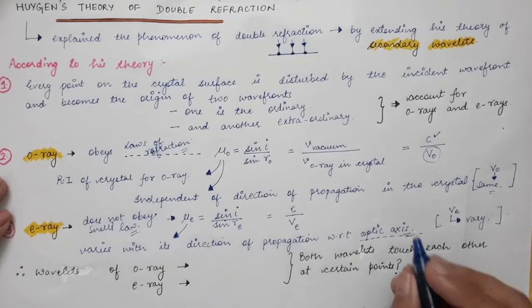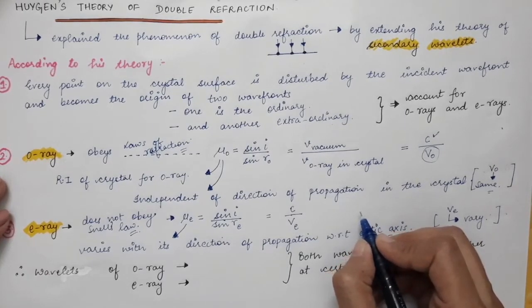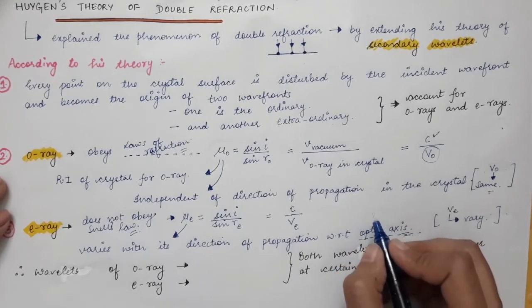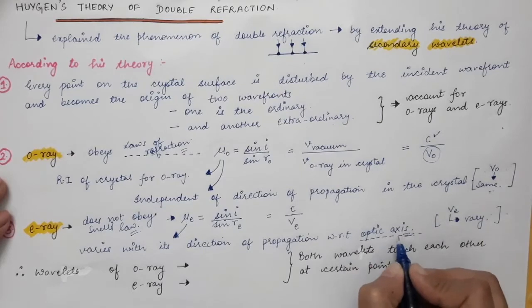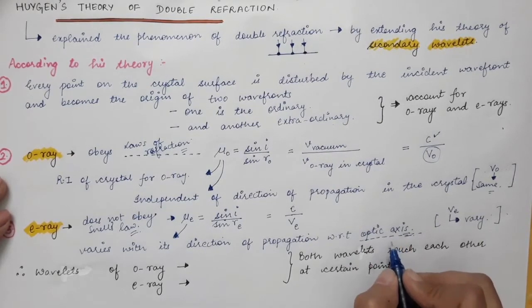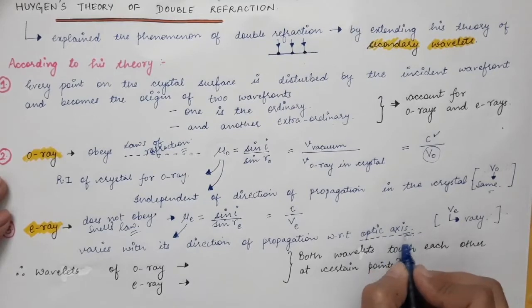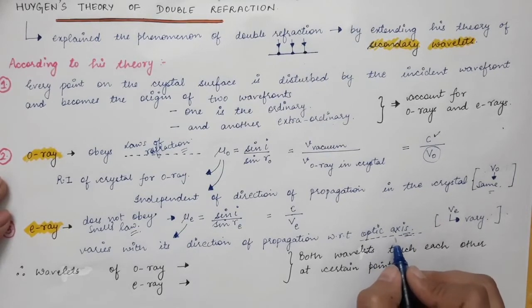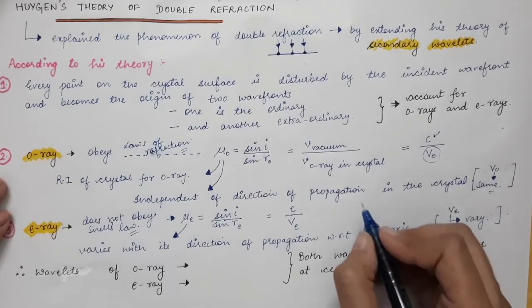Now here is one property of the optic axis. In the case of the calcite crystal, when we drew the optic axis, we studied that the crystal is always symmetrical about the optic axis. It is a direction around which the crystal is symmetric.